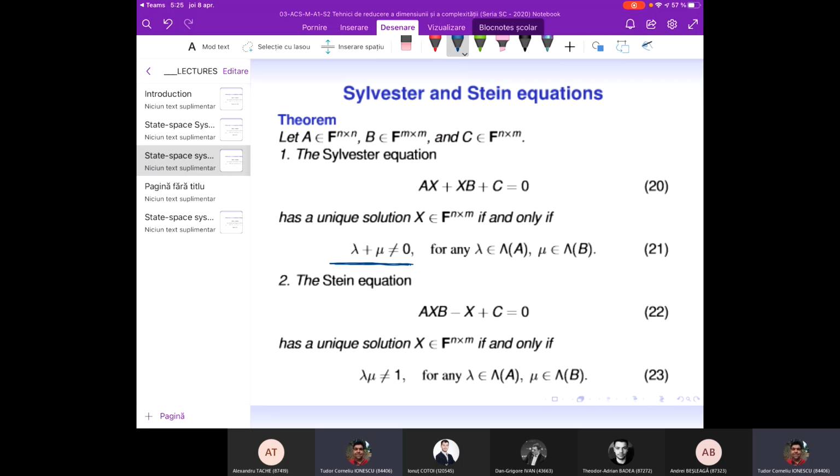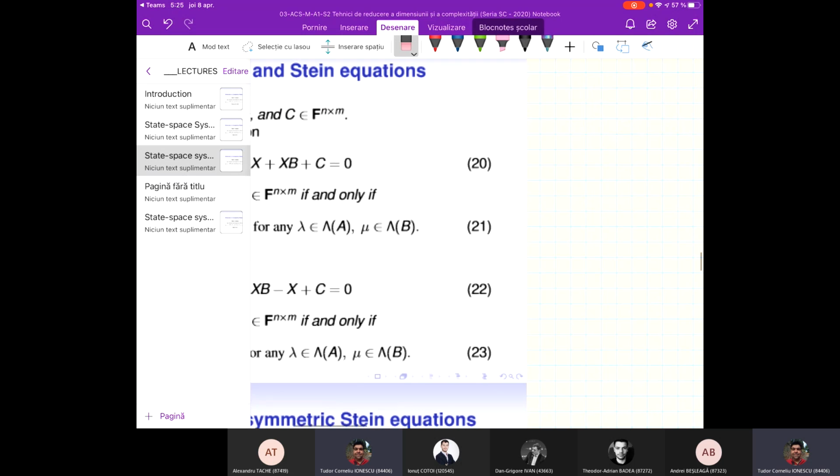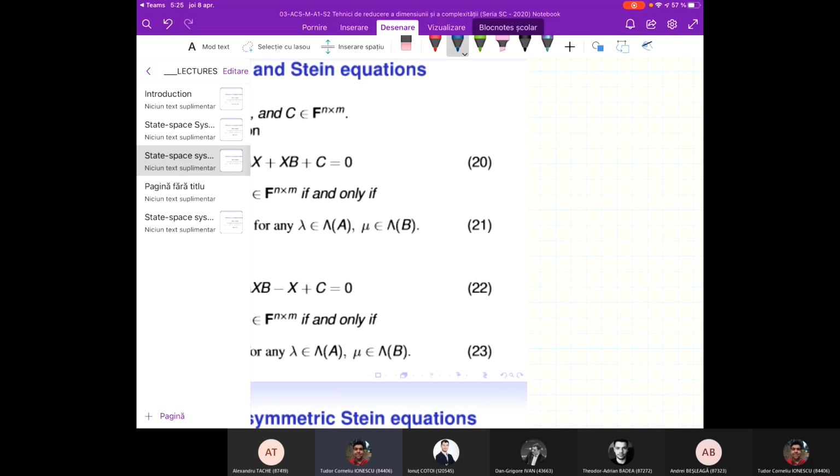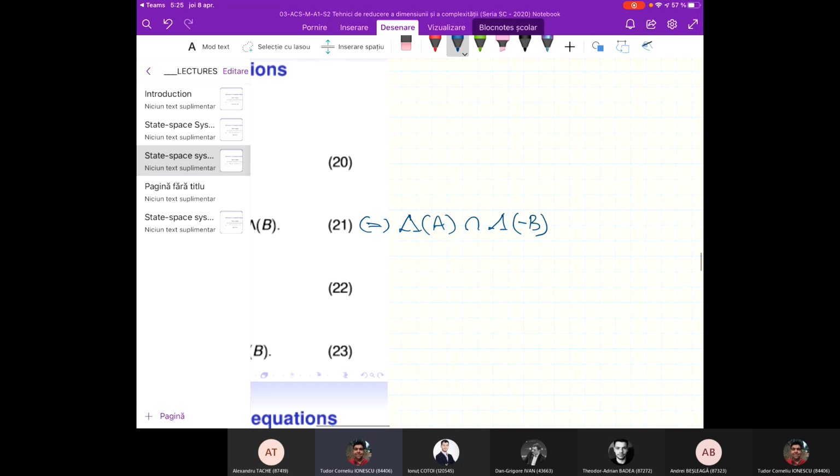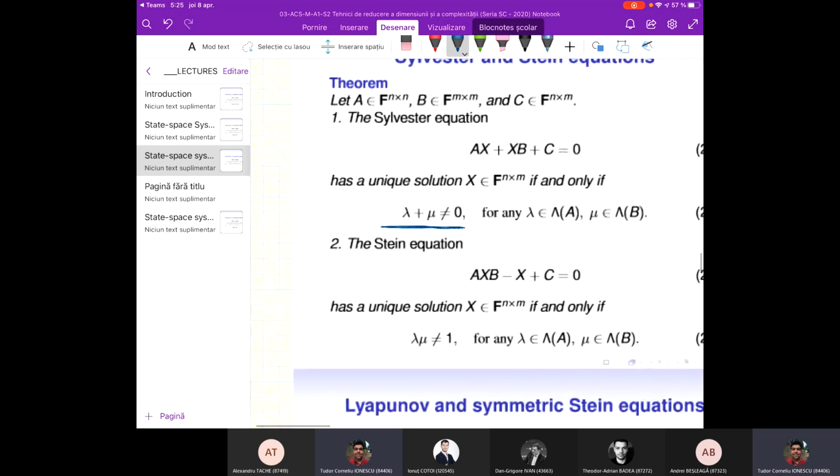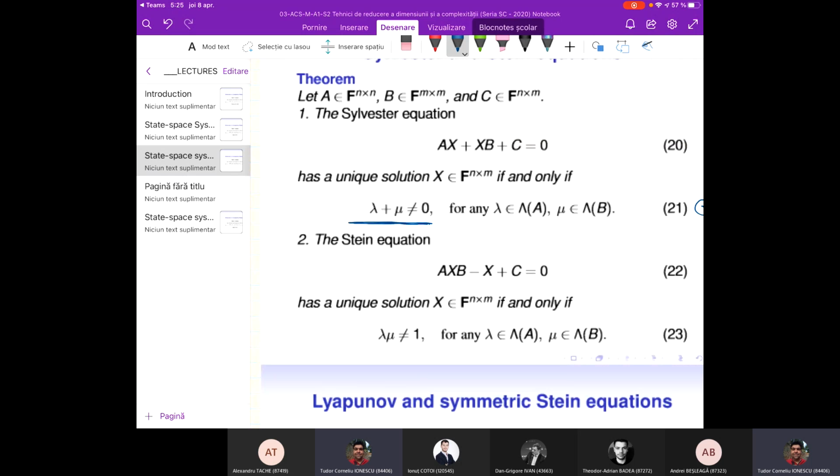That means if lambda of A intersection lambda of B, and this is equivalent to saying that lambda of A intersection lambda of minus B is the empty set, then it has a unique solution.